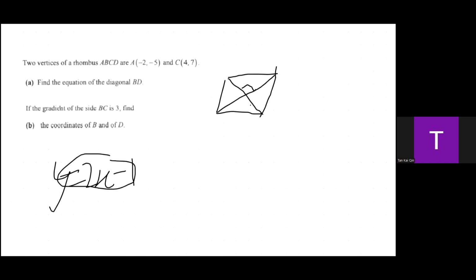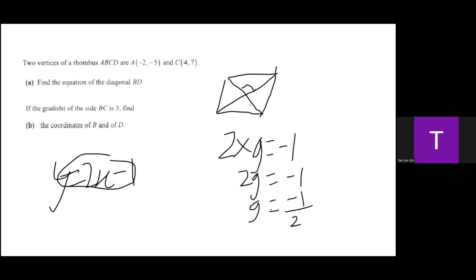Knowing this, we can find the gradient of diagonal BD. Let's say g is the gradient of diagonal BD. Then 2 multiplied by g equals negative 1, so 2g equals negative 1. Now we can find g easily: g equals negative 1 divided by 2. So now we have the gradient for the diagonal BD.